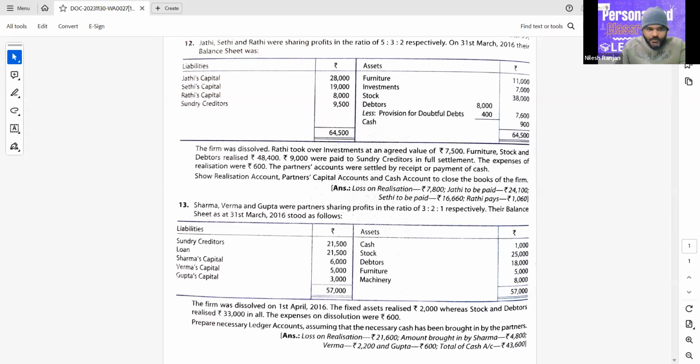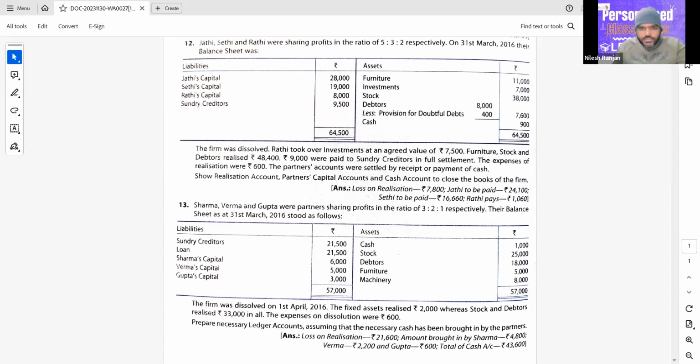The firm was dissolved. Rati took over investments at an agreed value of 7,500. Furniture, stock, and debtors realized rupees 48,400. 9,000 were paid to sundry creditors in full settlement. The expenses of realization were 600. The partners' capital accounts were settled by receipt or payment of cash. Show realization account, partners' capital accounts, and cash account to close the books of the firm.